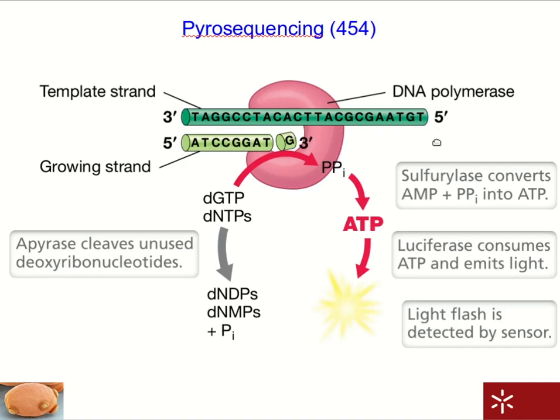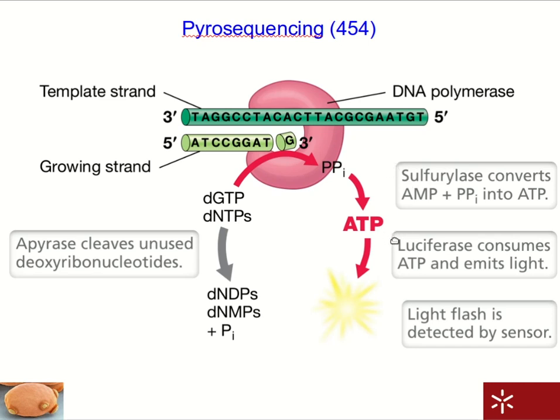If we look at the chemistry in more detail, whenever a dNTP is incorporated into the growing chain, a diphosphate molecule is cleaved off, and this diphosphate molecule is converted into ATP using a couple of enzymes on those smaller beads that we talked about.